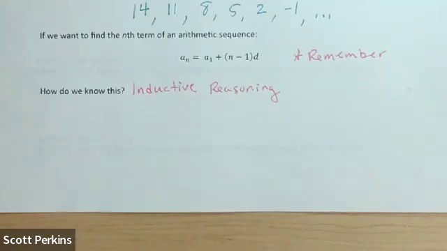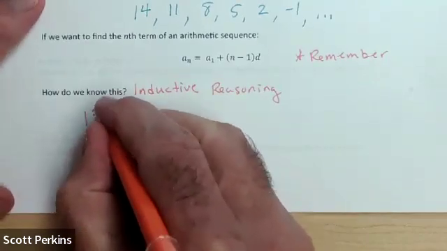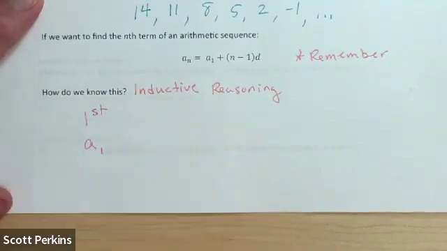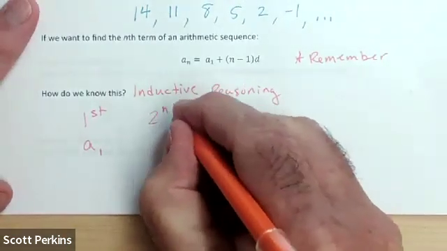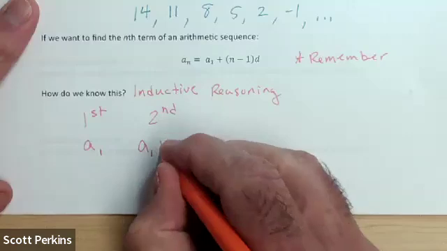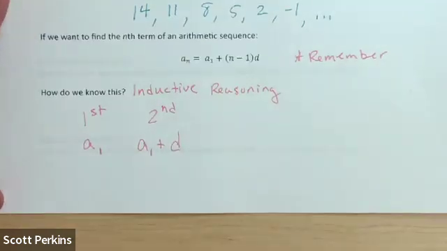So if we list the terms, the first term we know is going to be A with a little subscript 1. In an arithmetic sequence, to get each subsequent term you just add the common difference. So the second term is going to be A1 plus the common difference, which is D.